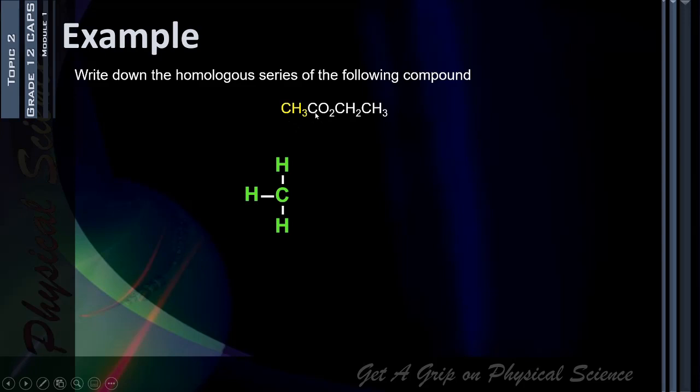So the first oxygen will be a carbonyl group, a carbon bonded to an oxygen with a double bond, and then that same carbon must be bonded to a second oxygen, and that oxygen bonded to a carbon which is bonded to 2 hydrogens, and then the last carbon also bonded to 3 hydrogens. Now the carbon bonded to 2 oxygens, where one of the oxygens is in the chain of carbons, is the functional group of the esters.